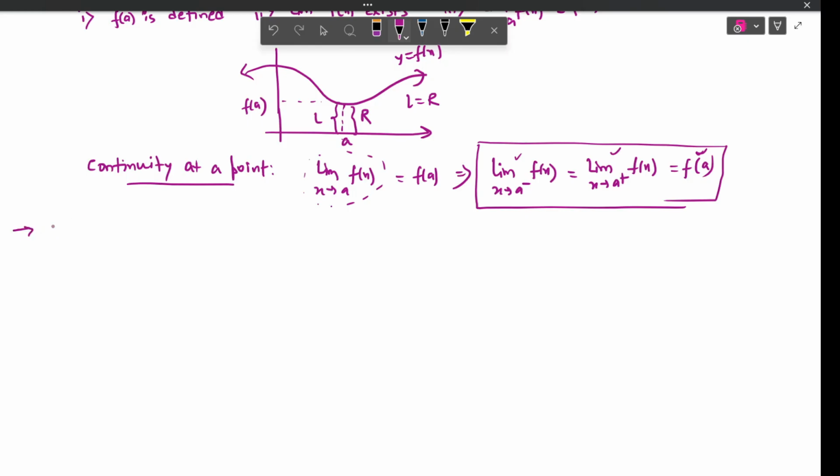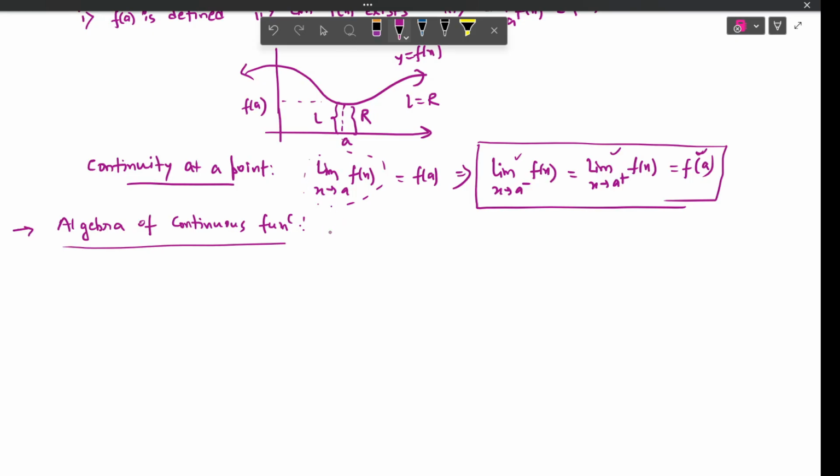Now moving forward to our next topic, algebra of continuous functions.